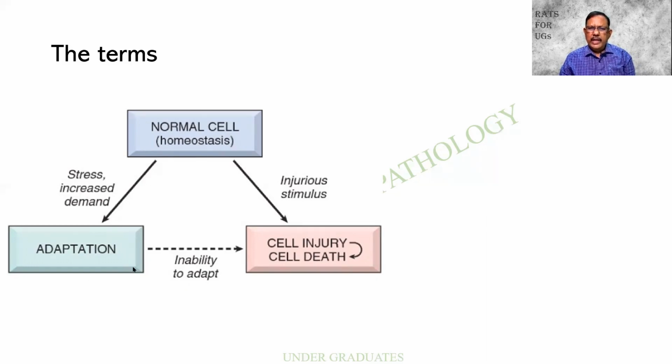The body will have to adapt itself to the changes. If it is not able to, then it goes in for a cell injury. The cell injury also can be repaired. It can become a normal cell, or it could undergo a cell death. So this particular concept, I would like you people to have in mind.